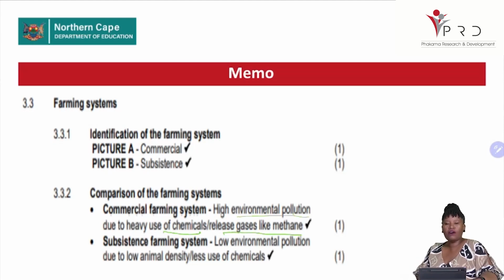There is more pollution on commercial farming. Remember, you are dealing with environment, nothing else. Subsistence farming system, low environmental pollution, due to low animal density, there is less use of chemicals.